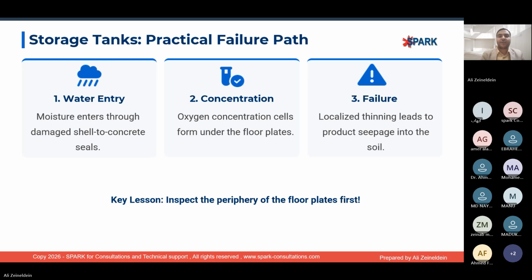This is the failure path in the tank: water entry, concentration, then finally failure. This is another scenario for a practical failure path in storage tanks.